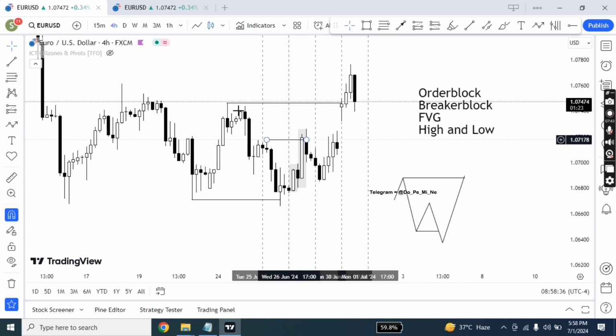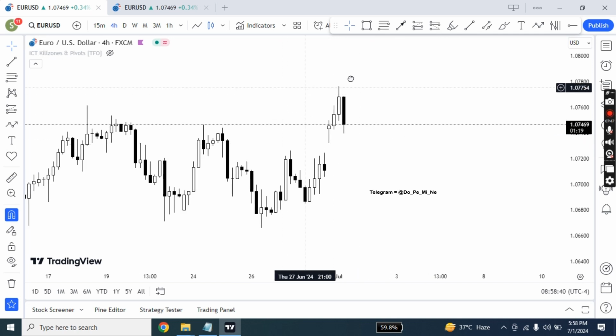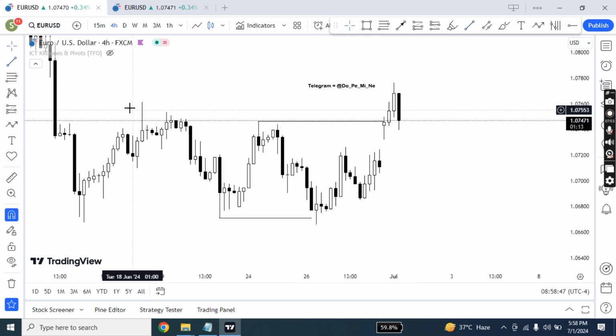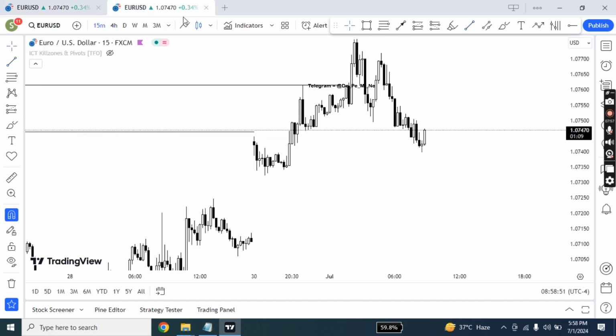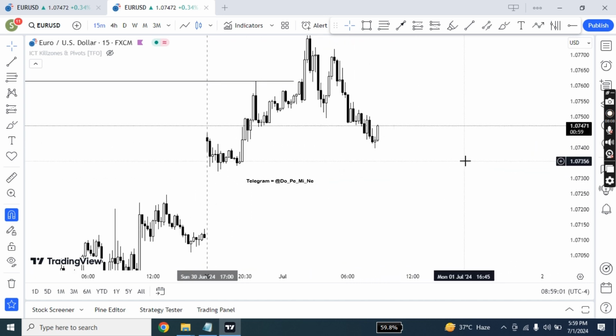Now, let's remove all of this right here. So we've got this range low, this range high, but also this range high as well, right? Now this is Monday right here, and price opened with this huge opening gap right here, and it opened after 17 Eastern time or 5 p.m. Eastern time, right?